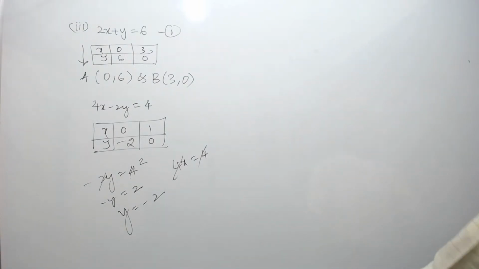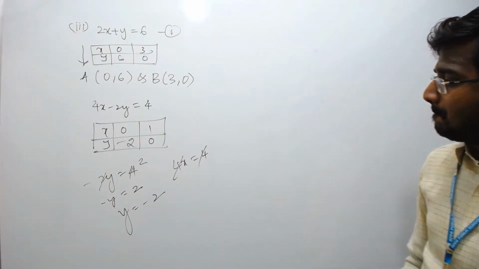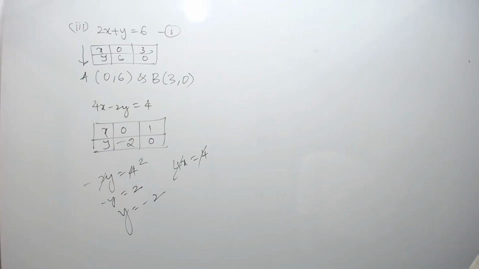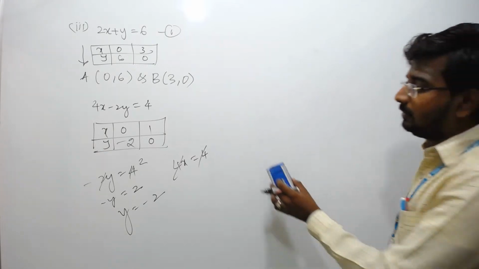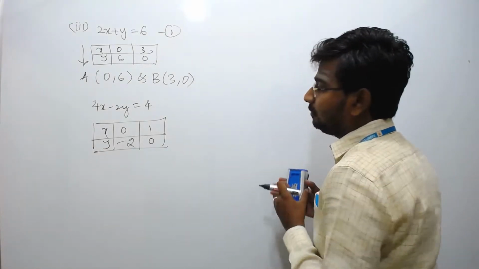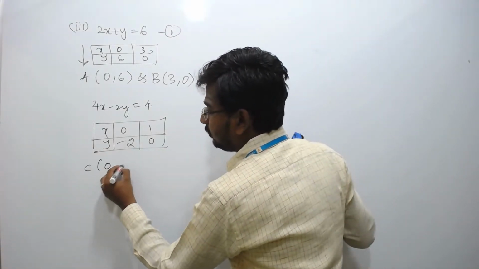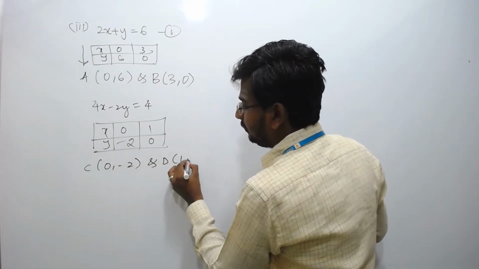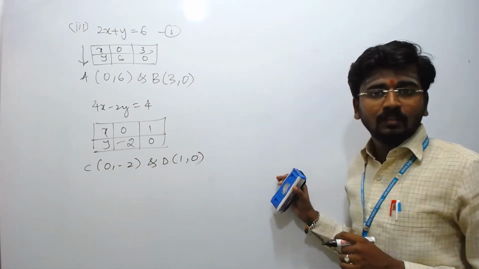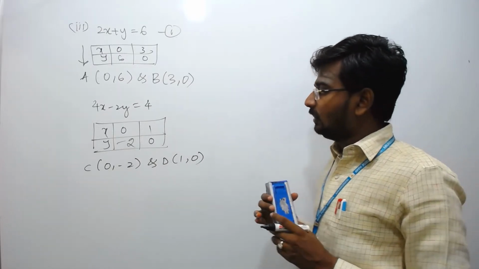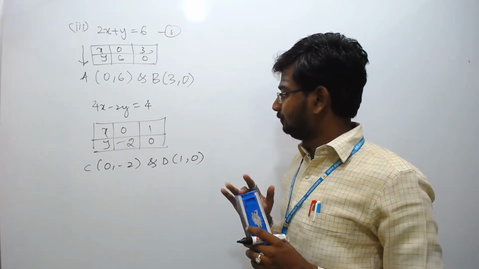Who has said, Anushri, y equal to 2? How? It is minus 2, Anushri. Plus minus, and that is what I am saying, repeating. Be careful in plus and minus sign. So point C will be 0, minus 2, and point D will be 1, 0.